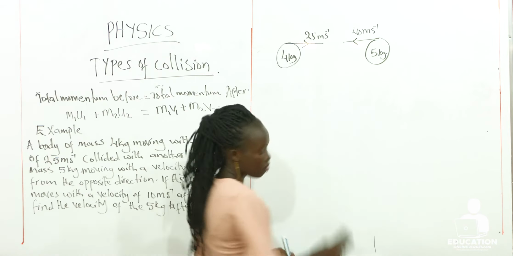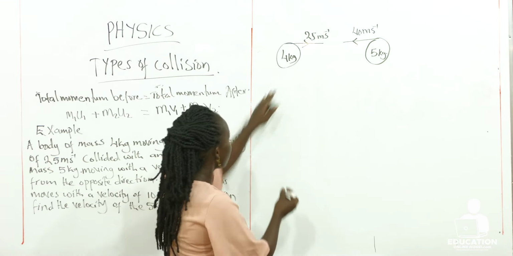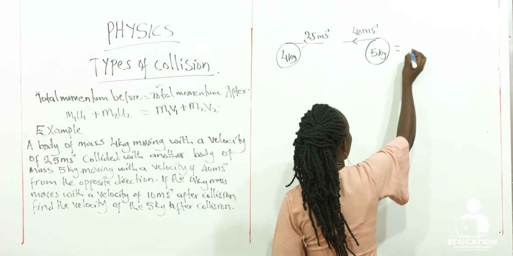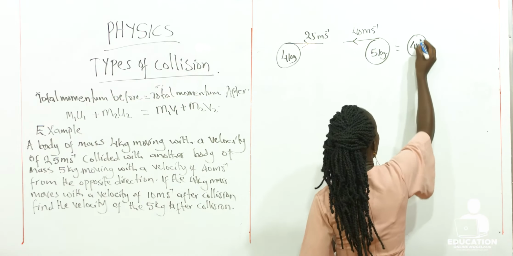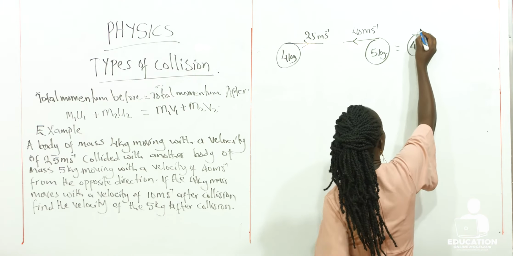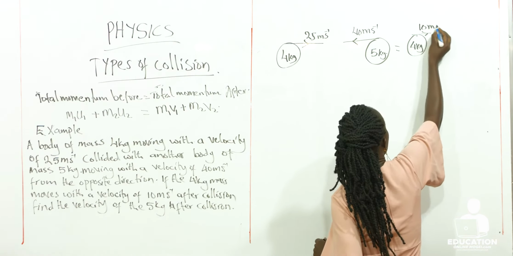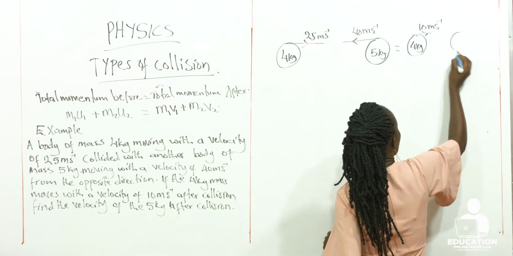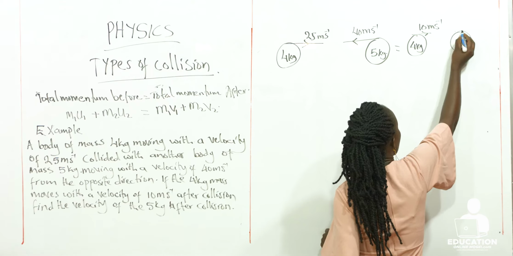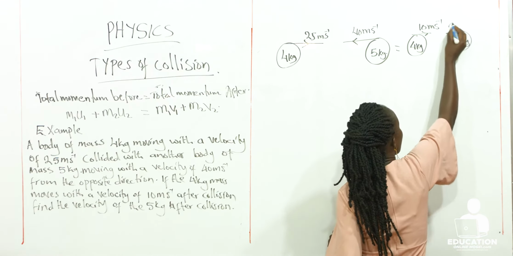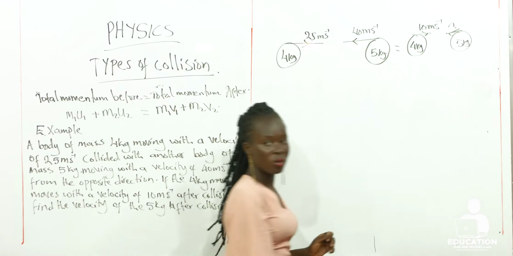So we see that after collision, the 4 kilogram started moving with a velocity of 10 meters per second. But what of this other body of 5 kilogram? It is moving with a velocity that we don't know, so it is what we want to find.